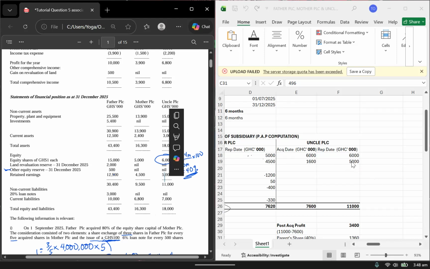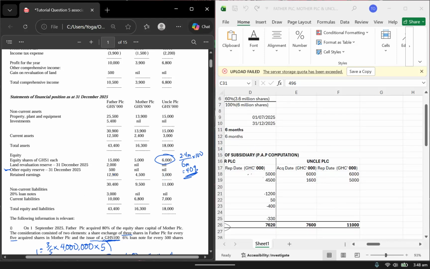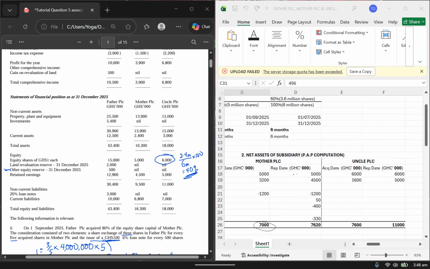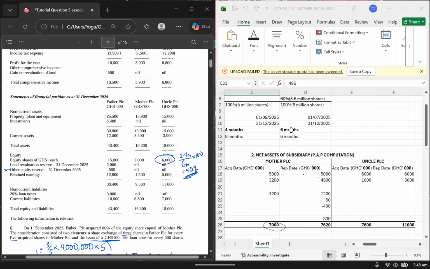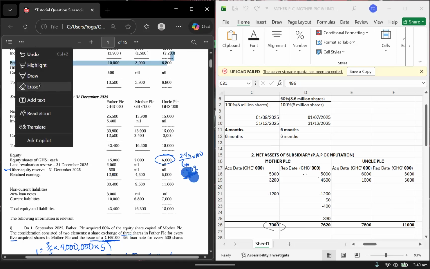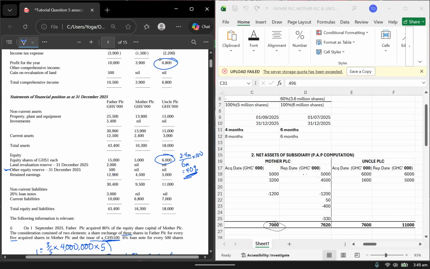If retained earnings is 5,000 in here, how did you get 1,600? Just like we did for the subsidiary. Here, the post-acquisition period is 6 months, and we have a profit of 6,800 for the year in relation to Uncle PLC.